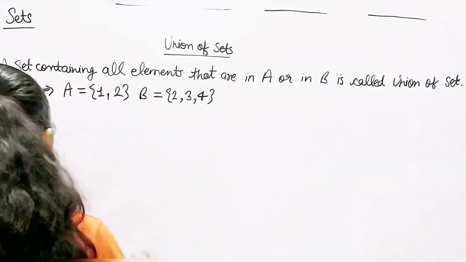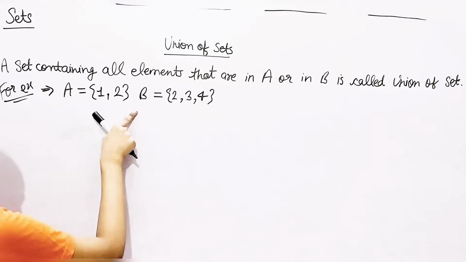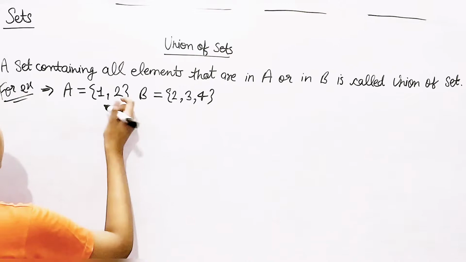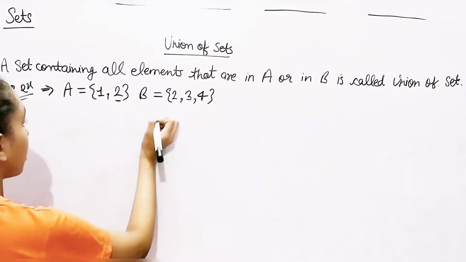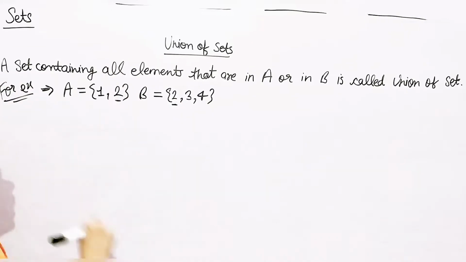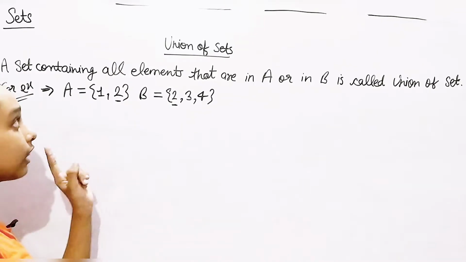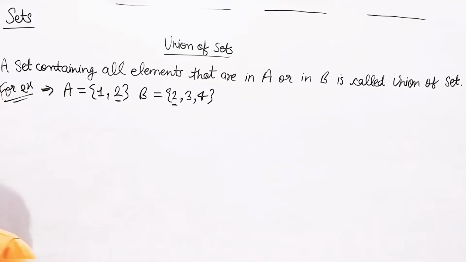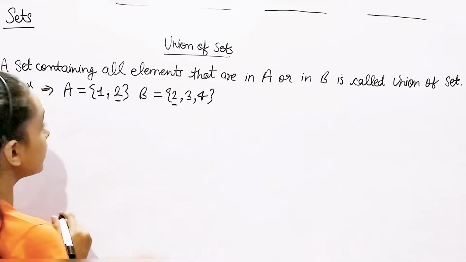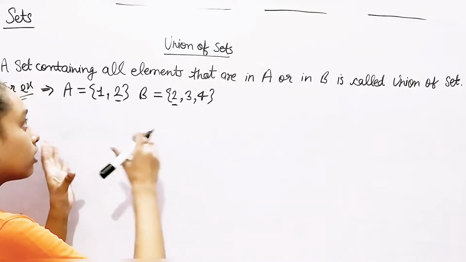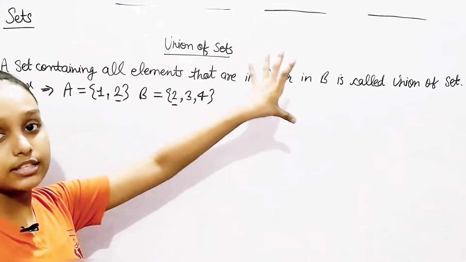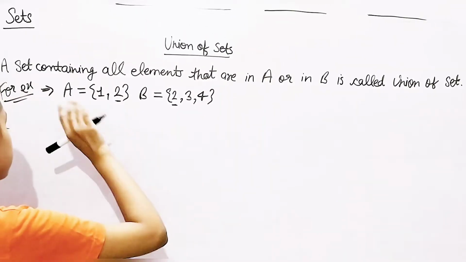Two sets are given to us, A and B. You can see that these two sets have one common element, which is going to be the intersection of sets. But we're going to discuss intersection of sets after the topic of union of sets, so let's just forget about it for now.